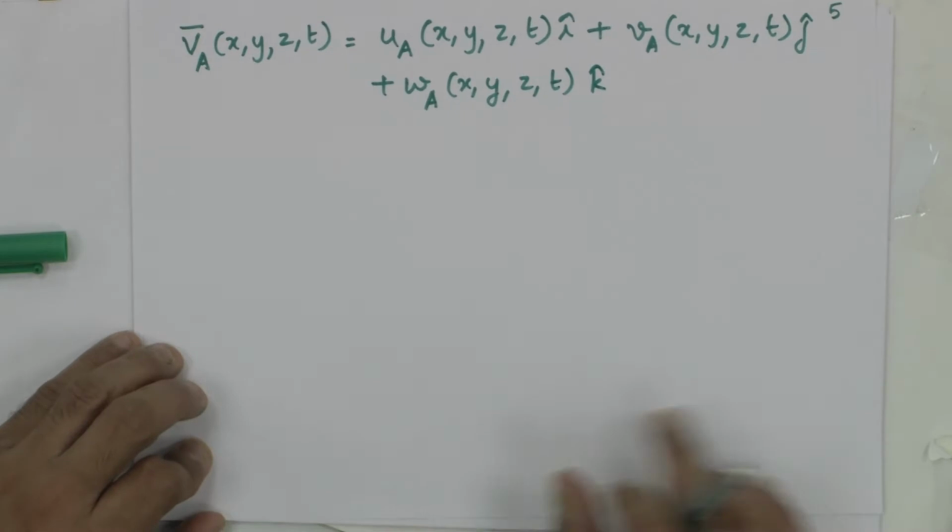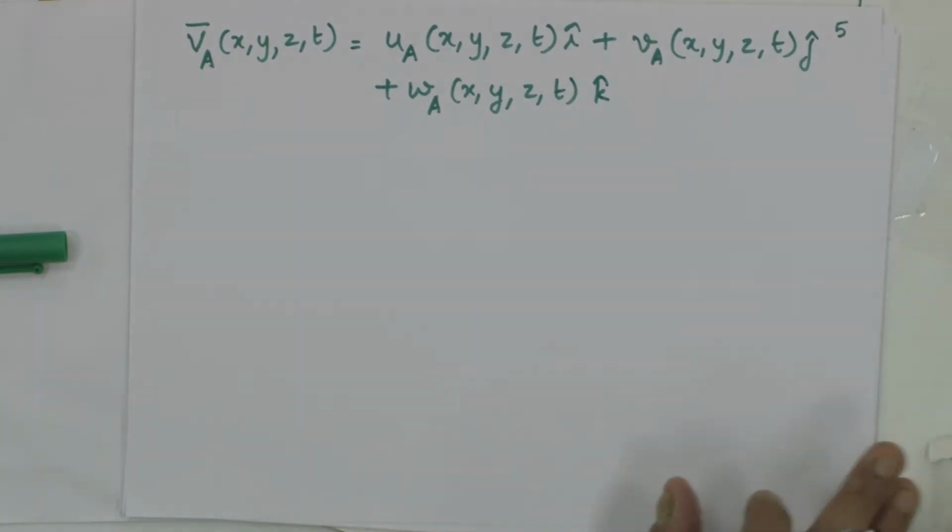This is your velocity at that x, y, z location.